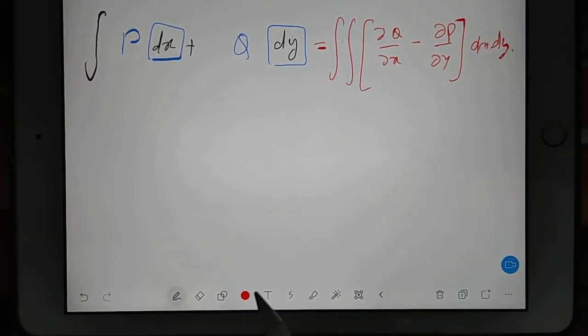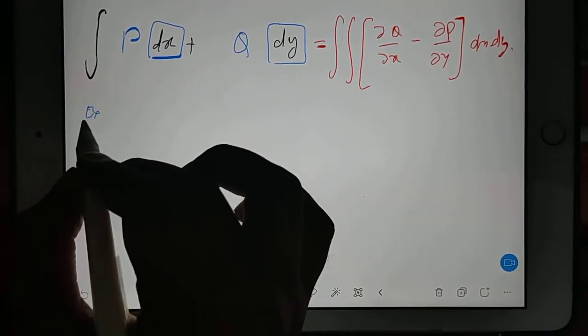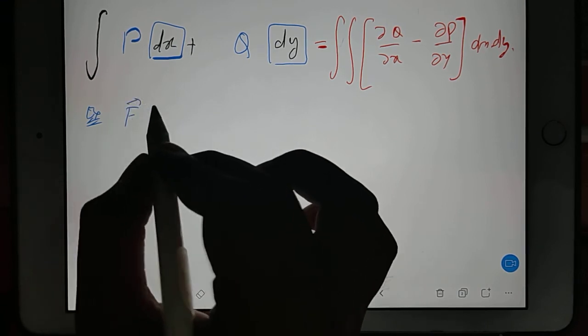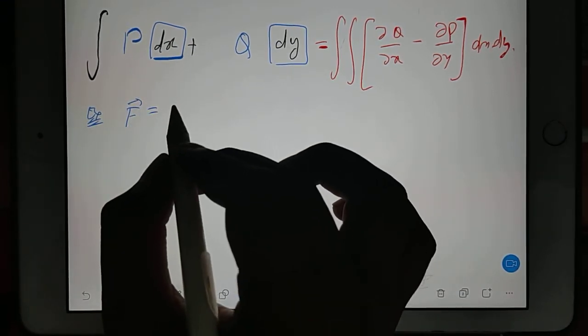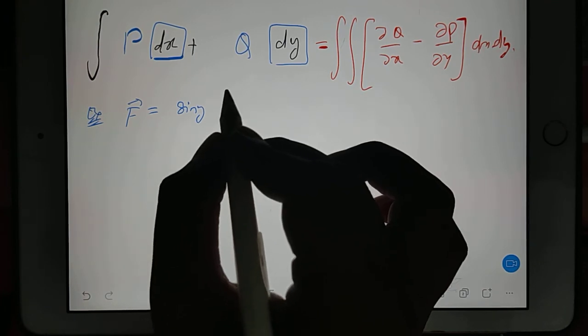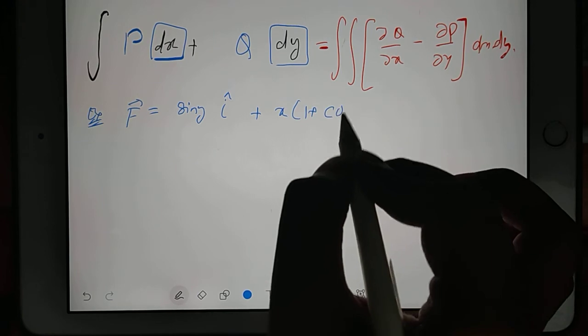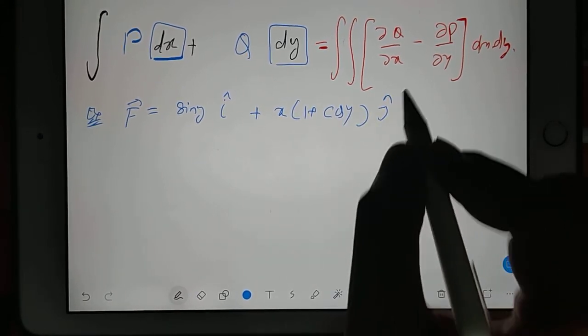and then dx dy. So if I take the example, in this example F is given as, one by one I will explain properly, sin y with the coefficient of i, plus x(1 plus cos y) coming with j.